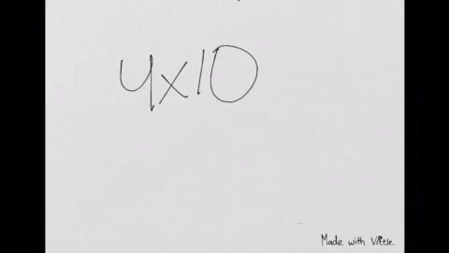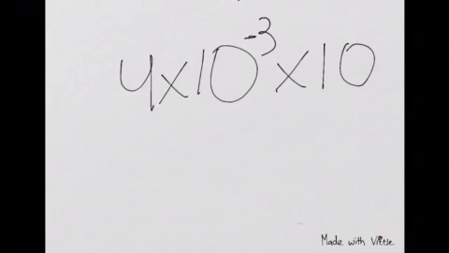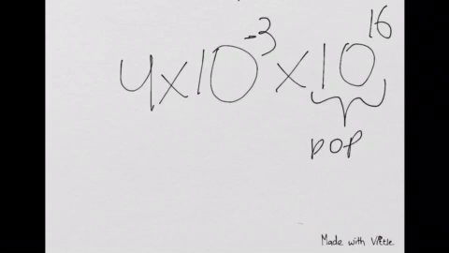Now, to resolve the ants, multiply those numbers. Take 4 times 10 to the power of negative 3, multiply by 10 to the power of 16, the ant population.